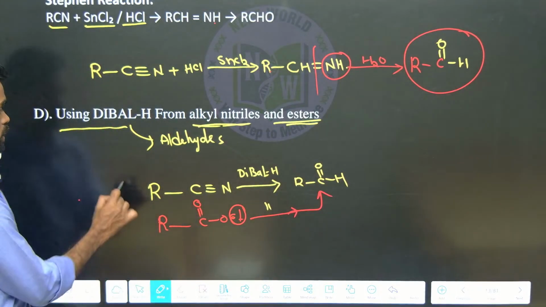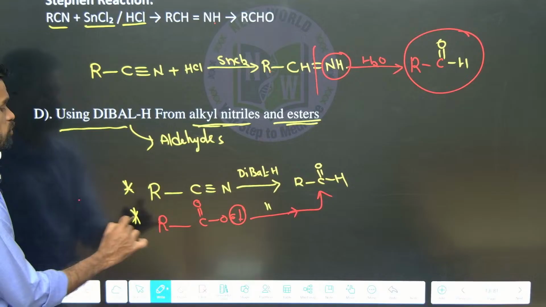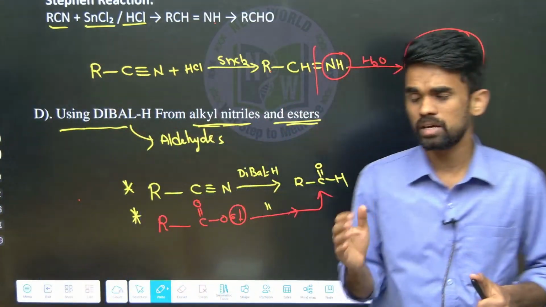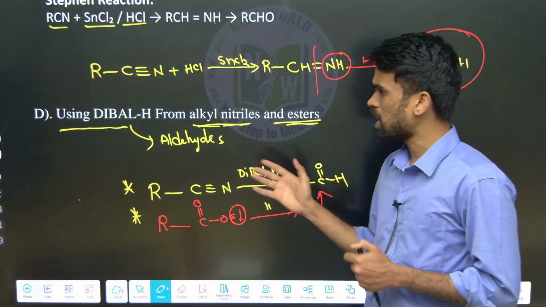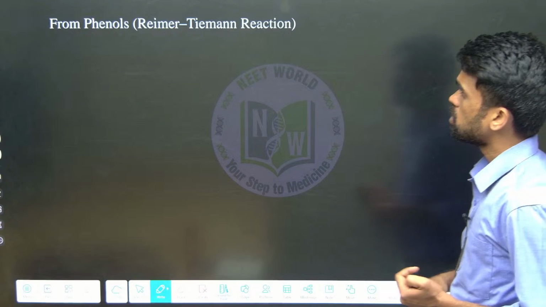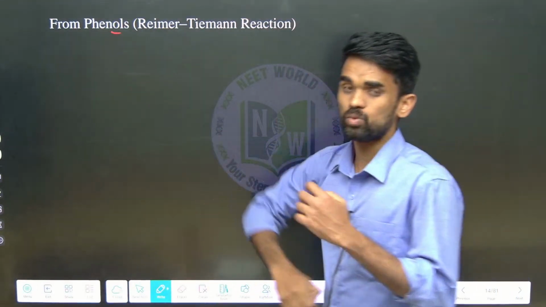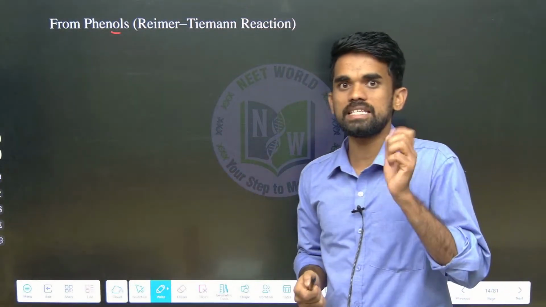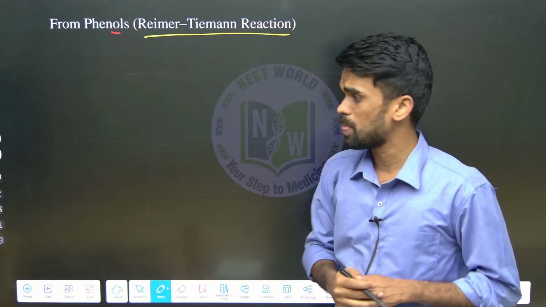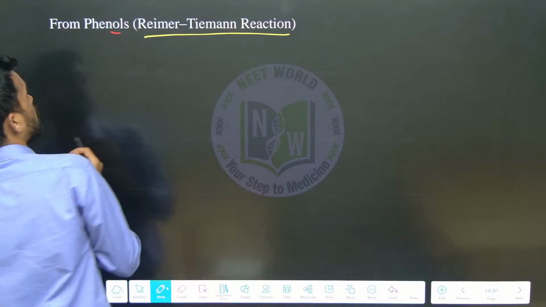Remember, whatever we have discussed in the last 10-15 minutes, the preparation of carbonyl compounds using different methods, all these are very, very important. Now, from phenols to aldehyde. So what is that process? Phenol to salicylaldehyde is the Reimer-Tiemann reaction. We discussed this in the alcohol chapter also.